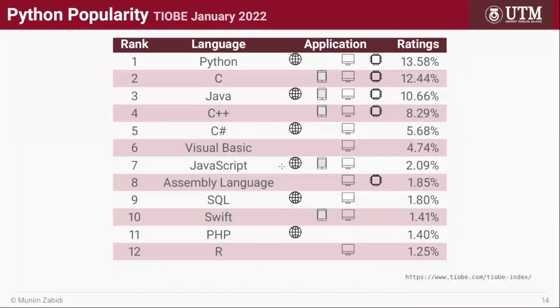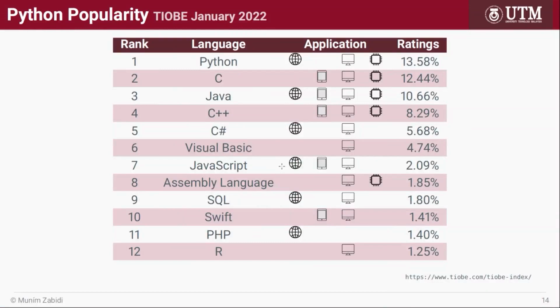Here is the ranking of popularity of Python. Number one for quite some time. So you can click this link if you have your PDF, tiobe.com. Again, don't ask me how to pronounce this, but this index is updated monthly, and you can also have like 10-year series data.